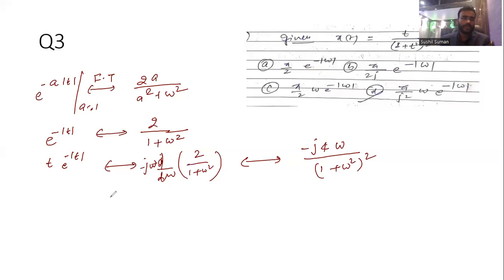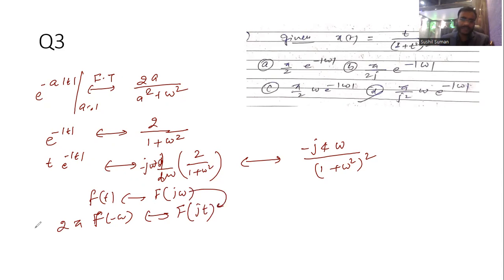Now, just apply the duality. As you know, the duality property is: f(t) having the Fourier transform F(j omega), then F(jt) has the Fourier transform 2 pi f(minus omega). So if omega is replaced by t, then this is 2 pi into f(minus omega). The same procedure is done here. So this is 2 pi, t is replaced with minus omega.